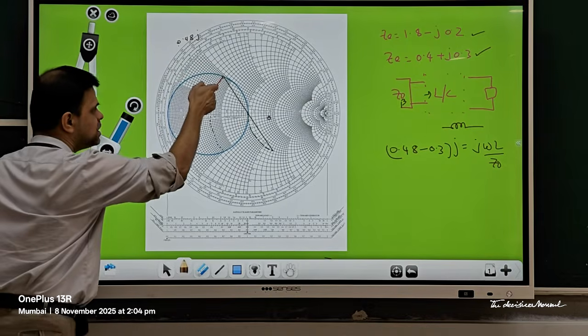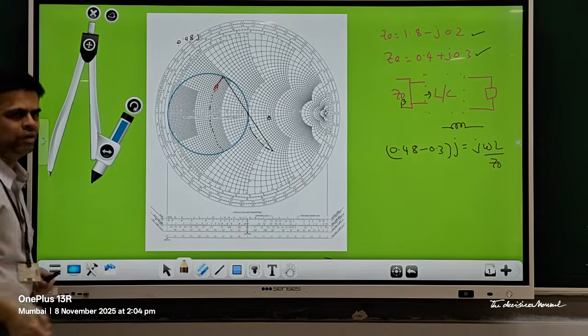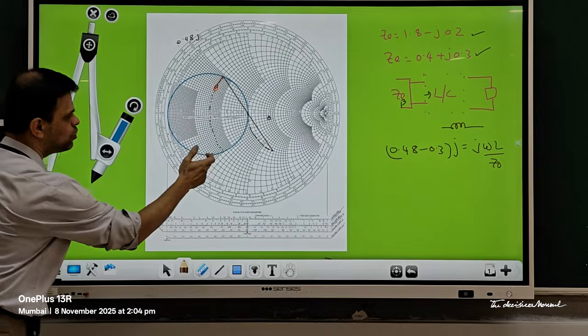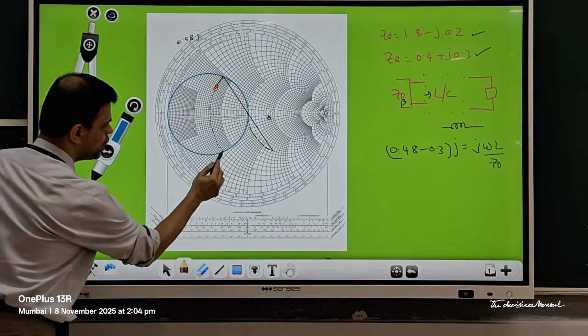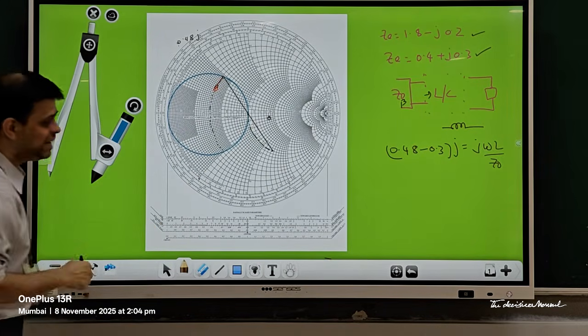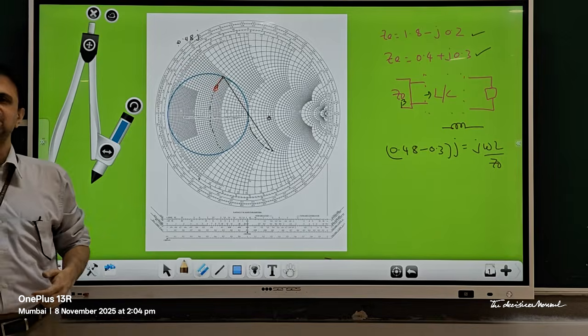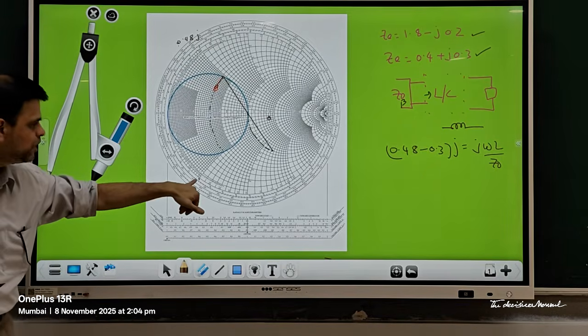If I add a capacitor in series, what will happen? It will come down. How to calculate that value? Ultimately, I have to reach here. So just mark a point over here and see what the destination imaginary part value is. It is minus 0.5J.